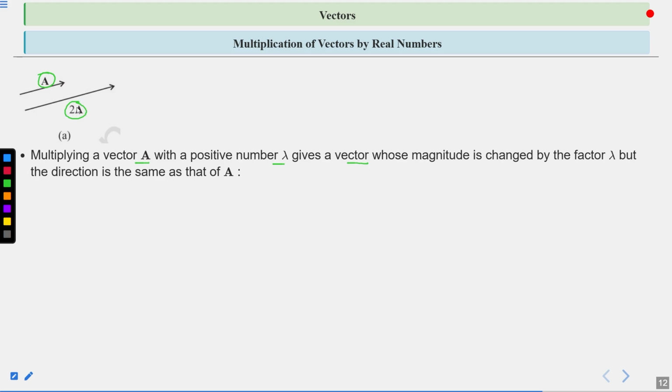It does not depend on any magnitude values. So lambda A gives a vector whose magnitude is changed by lambda, but the direction is the same as that of A. So the important point is this is a vector and this is also a vector, but the magnitudes of both vectors are different, but directions are same because both are parallel in the same direction.